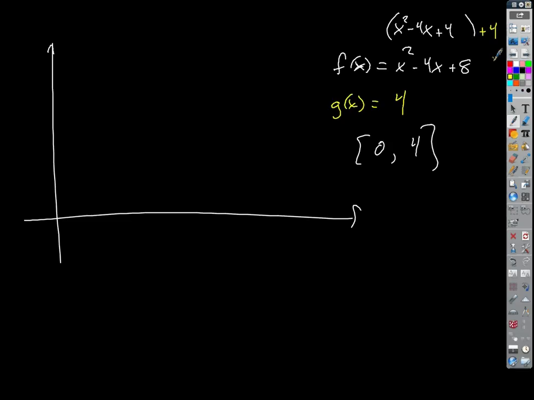You see that? Okay. No, that'd be okay. Yeah, that'd work. So this is x minus 2 quantity squared, isn't it? So we could write f of x as x minus 2 squared plus 4. So where's the vertex of this thing?